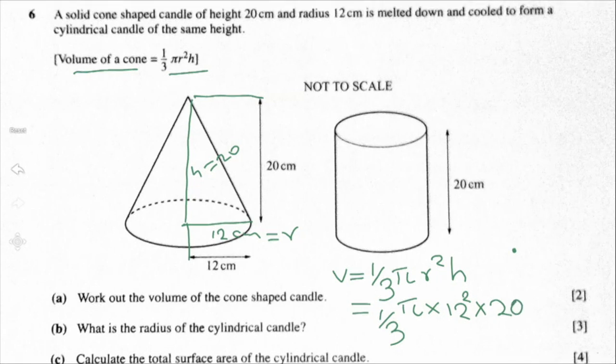Then you can work out that it's 1 over 3 multiplied by pi, multiplied by 12 squared, and multiplied by 20. Your answer there will be 3015.93.